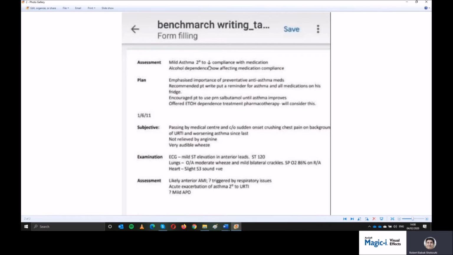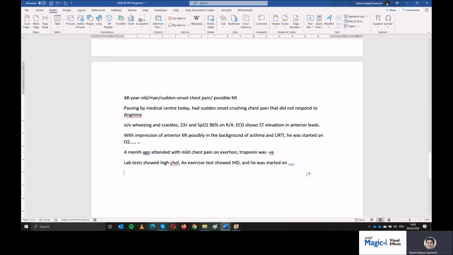So compliance with medications, alcohol dependence. So these are now good to know information. So we say alcohol dependence, non-compliance with medications, and smoker. And smoking.